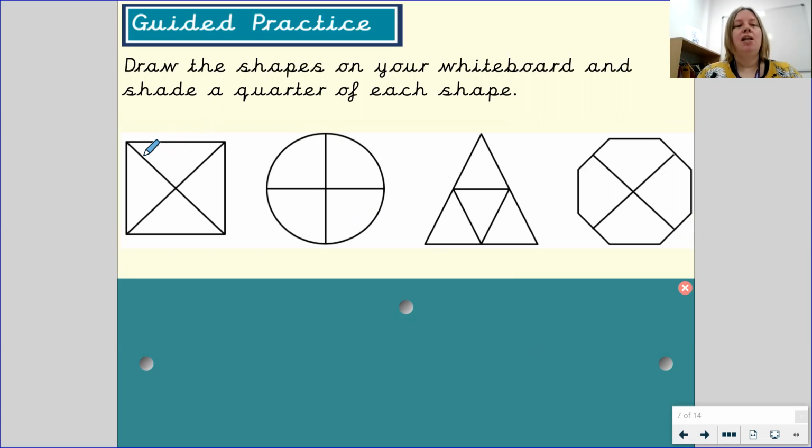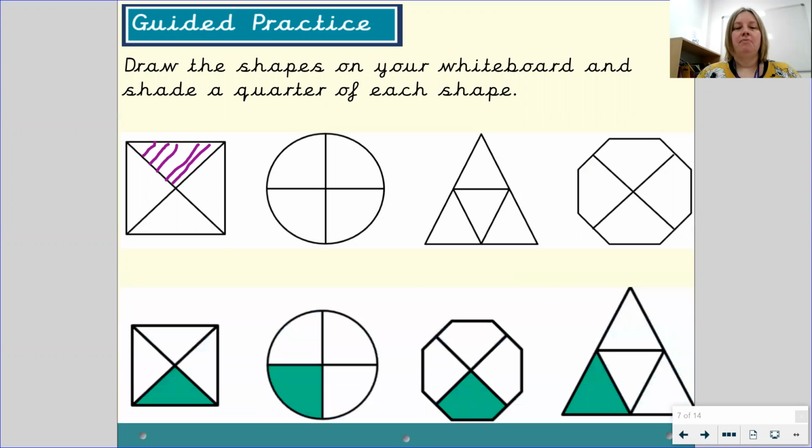If I was shading 1 quarter of it, I would colour in 1 part of the whole. I'm going to draw lines to show you, but if you were shading, you'd colour it all in. So I have shaded 1 quarter. Pause the video, draw the shapes and shade 1 quarter. Then we'll come back together and check our answers.